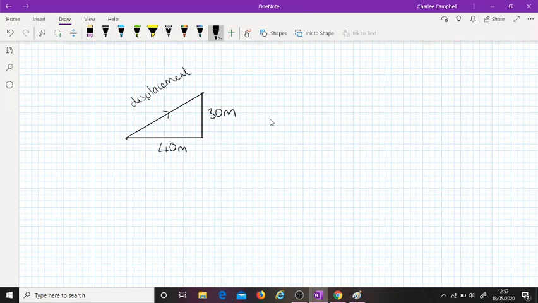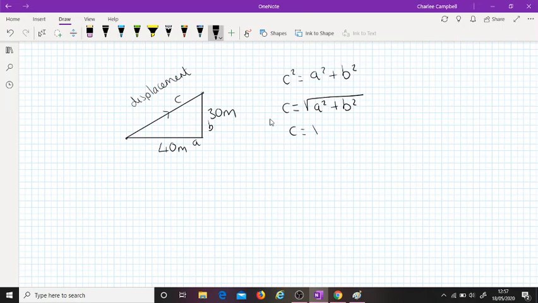So we'll just use c squared equals a squared plus b squared, and we'll call this c, this a, and this b. So then if we put those numbers in, c equals the square root of, just rearranging that, a squared plus b squared.